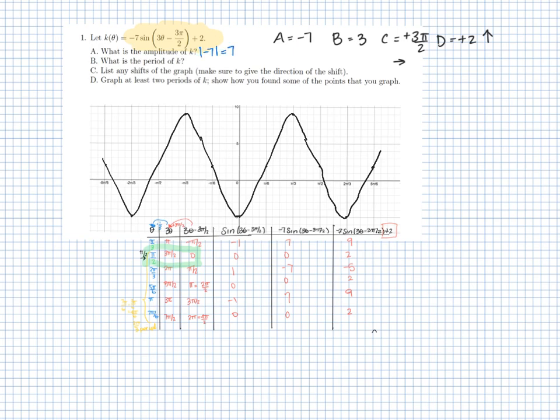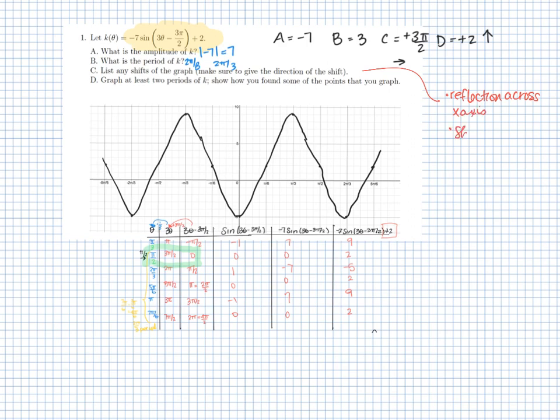The period is 2 pi over b, which is 2 pi over 3. But again, we found all of that down here. So remember that by doing your chart for graphing, you found this information already. Any shifts that the graph has, so I'll fill these out here. Remember, we have a reflection across the x-axis.